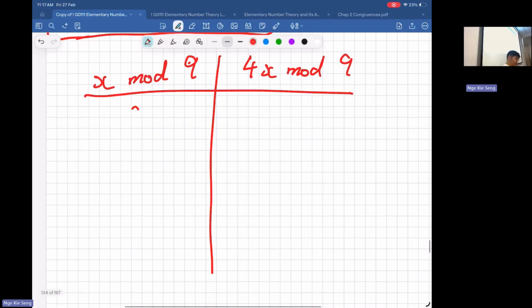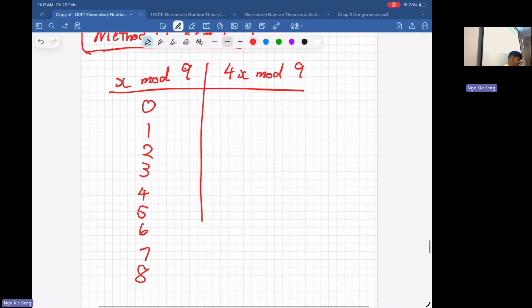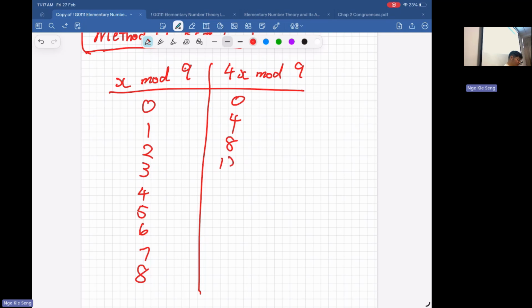So 0, 1, 2, 3, 4, 5, 6, 7, 8. Okay, and then you multiply by 4. So 0, 4, 8, 12, 16, 20, 24, 28, 32. Like that. Then you reduce everything mod 9.